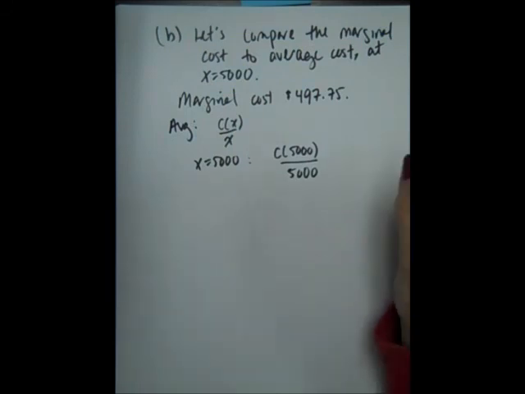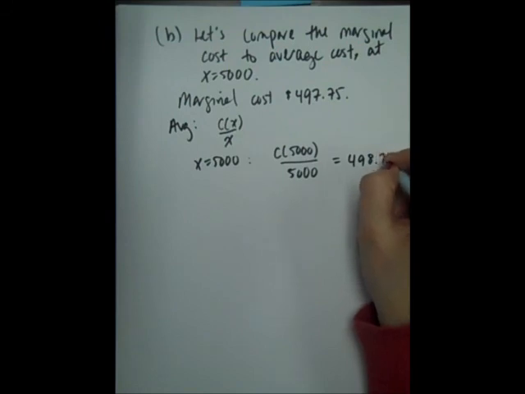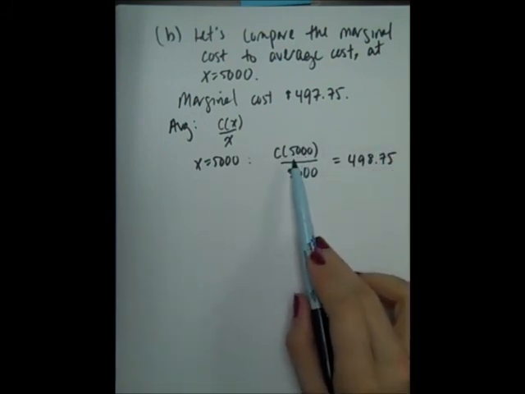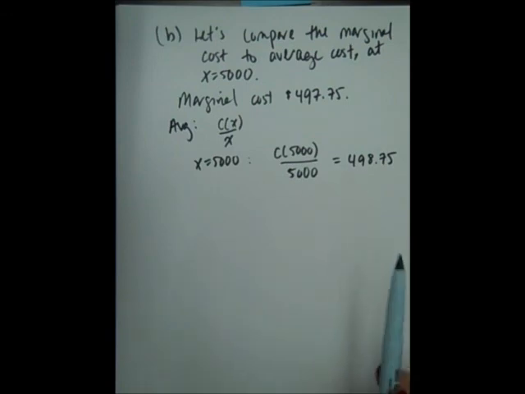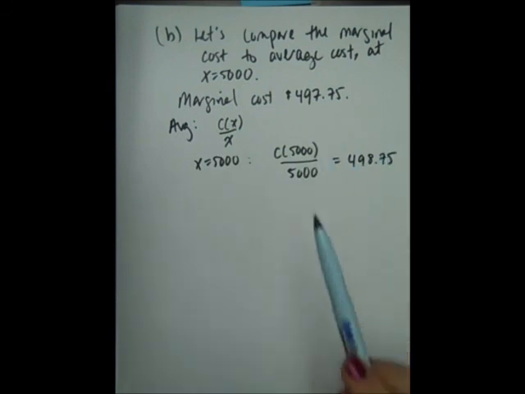If you plug this into your calculator, plug in 5,000 to your equation for C, divide it by 5,000, you'll get $498.75. So when we're producing 5,000 cameras, the average cost is about $1 more than the marginal cost.